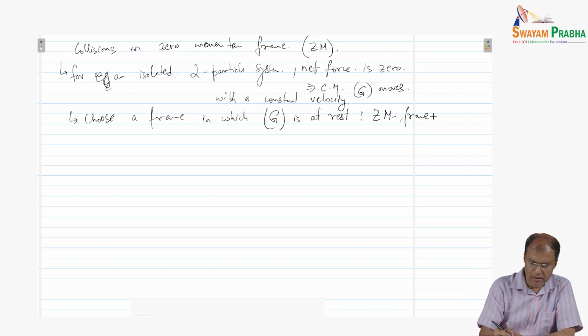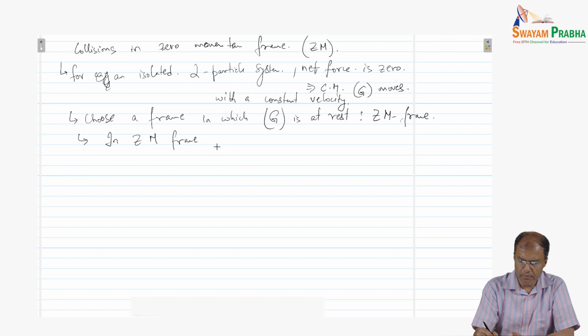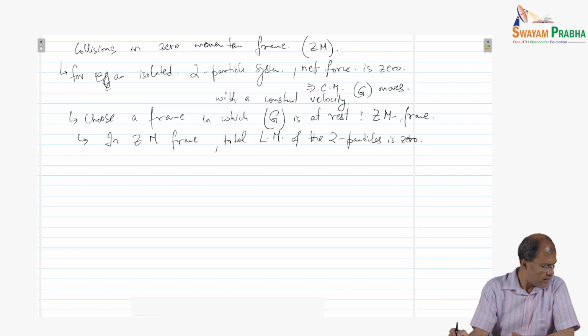So what we have is, in the zero momentum frame, the total linear momentum of the two particles is 0, right?